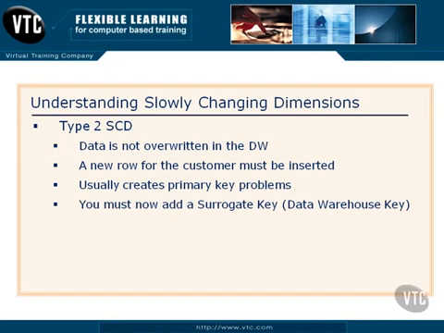So now what I've got to do is add another key to the dimension table that's being affected here, and I'm going to add what's called a surrogate key. And you'll also hear this called a data warehouse key or a DW key. But a surrogate key is a key that I create and that I increment on my own, and this helps me keep all of my rows identical.